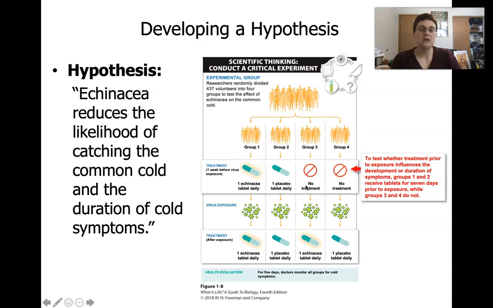So first, one group is going to get no treatment before they are exposed to the common cold, and they're actually going to do that to 2 groups because that will test catching the cold and duration both.